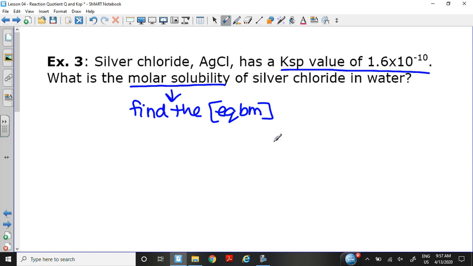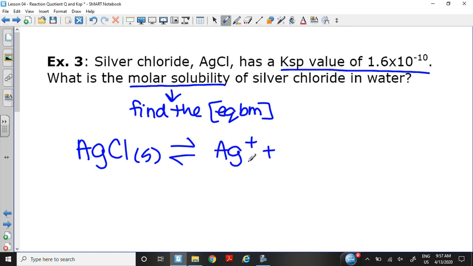All right, so if you've given it a shot, let's take a look. First thing you need always, write out an expression. So silver chloride solid, silver ions, and chloride ions. And then we're going to write in our ice table here.